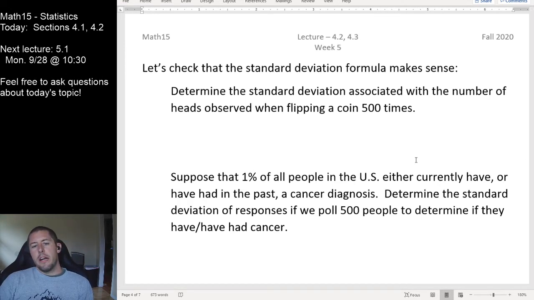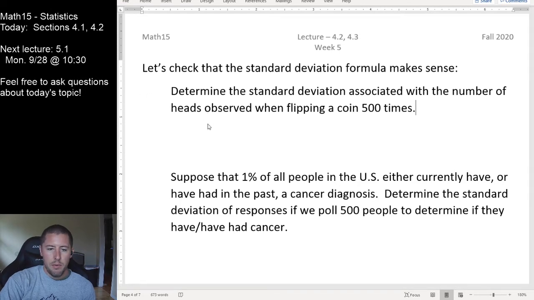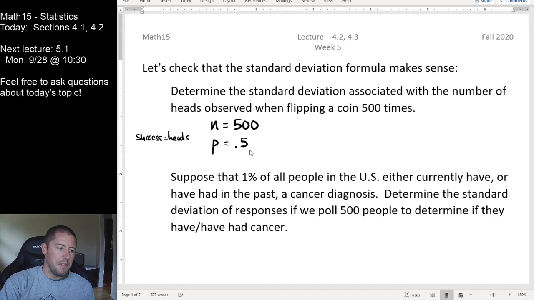So let's determine the standard deviation associated with the number of heads observed when flipping a coin 500 times. In this case, I'm going to perform the experiment 500 times. 500 is my sample size. My success is a heads. The probability of success is 50% because 50% of the time I'm going to get heads, 50% is tails.